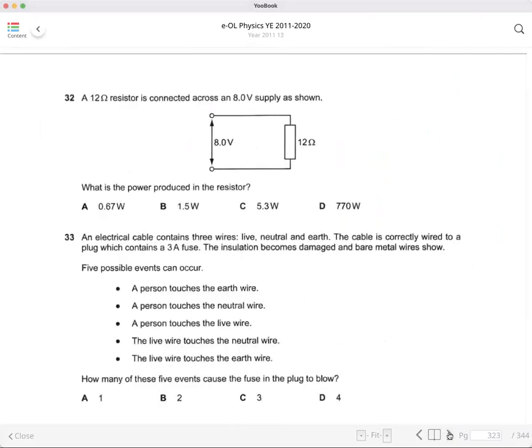Can we do it double fast? 32. What is the power produced in this resistor? Okay, quickly do, quickly do.